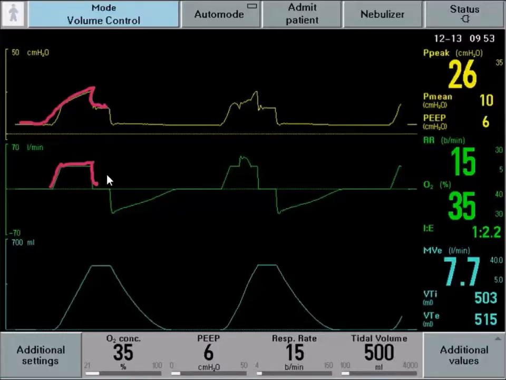Volume control with the Servo-i is going to act this way in passive patients that are not spontaneously breathing. But as soon as the patient's inspiratory drive creates a 3 centimeter water drop, the breath changes.